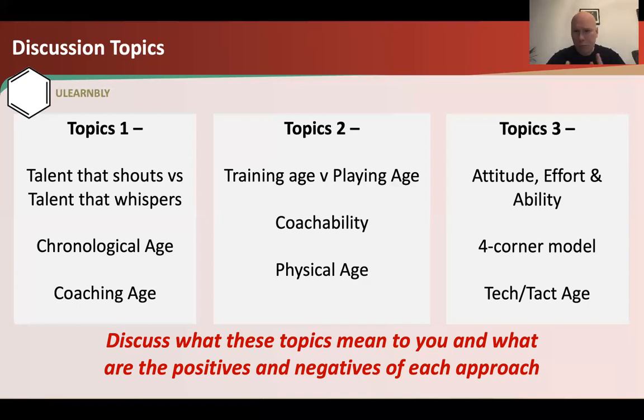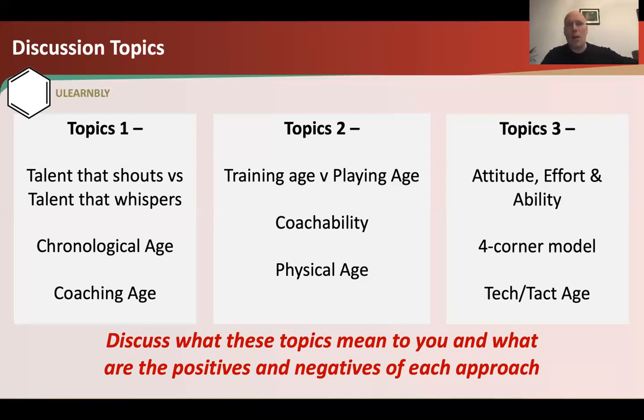So again, areas around that, and even understanding, not trying to use terms and coin certain labels like, he's an early developer or he's a late developer. That could be a topic. What do we mean by early developers and late developers? Often people will associate those titles to physical height, maturity, whatever it may be. That doesn't necessarily mean they're a late developer or an early developer.